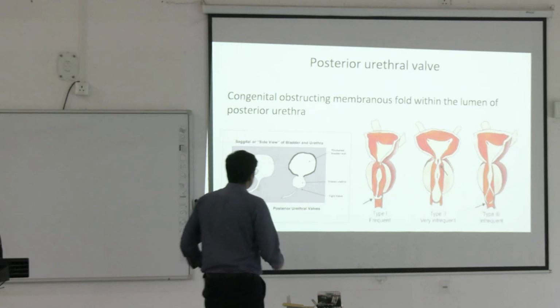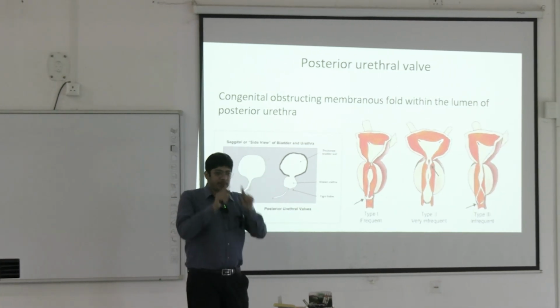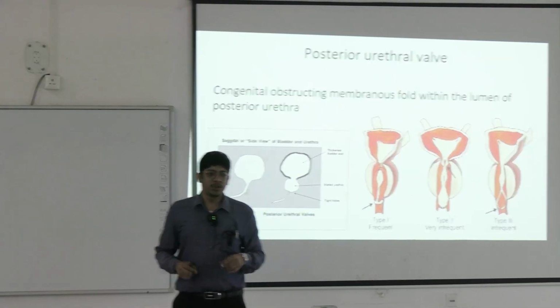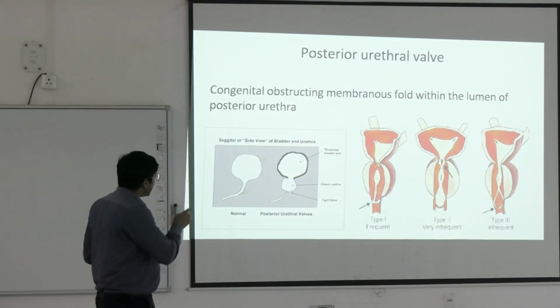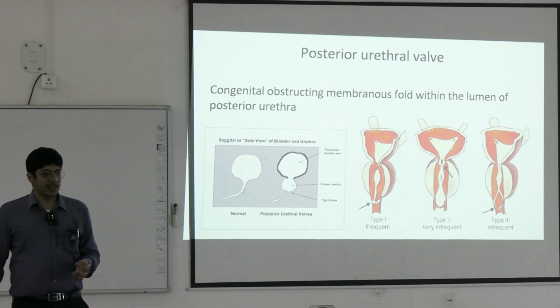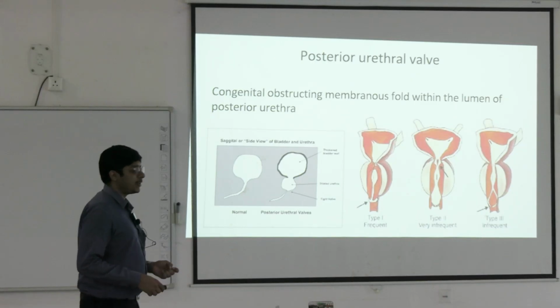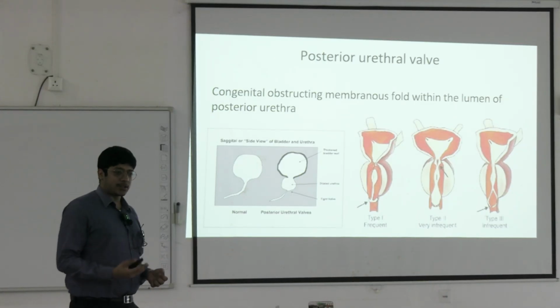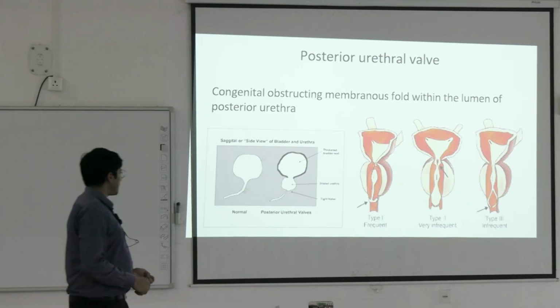So what happens? This obstruction creates a local dilatation, a bulging of the part of the urethra just before the valve. This gives rise to something called a keyhole sign. Okay, we call this a keyhole sign. This keyhole sign is visible on ultrasounds, on any kind of contrast studies.